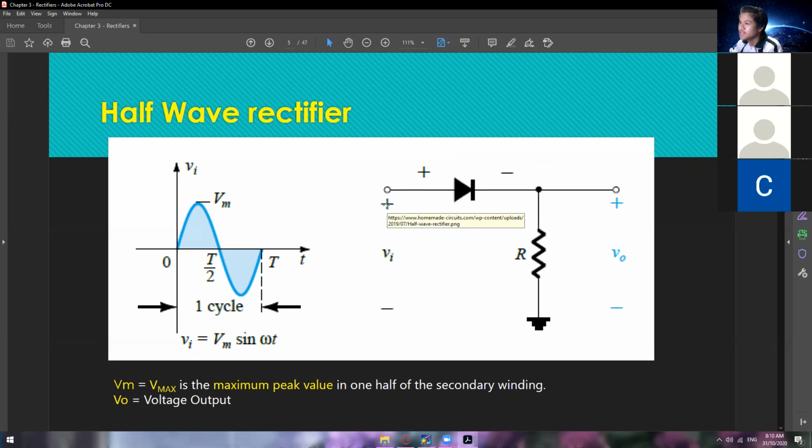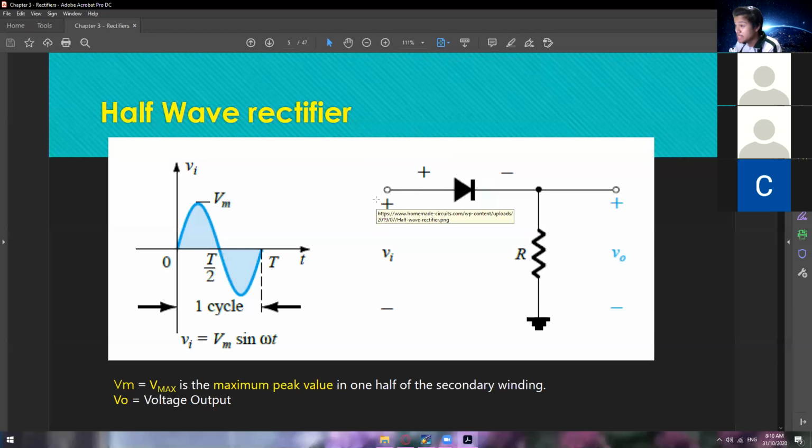As you can see, our voltage source or initial input should be positive to positive, and the other one negative to negative. So this will only accept positive current or positive voltage. This diode will allow current to pass through if it's positive to positive and negative to negative.